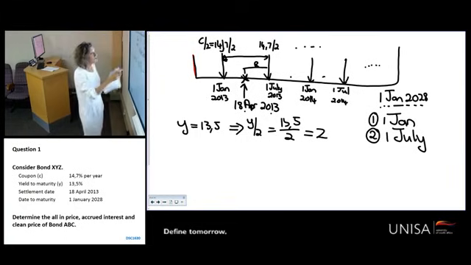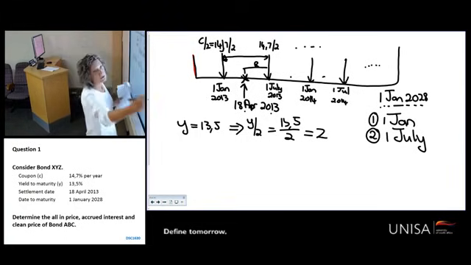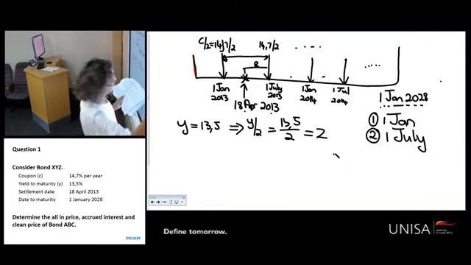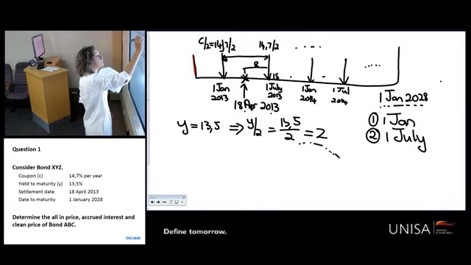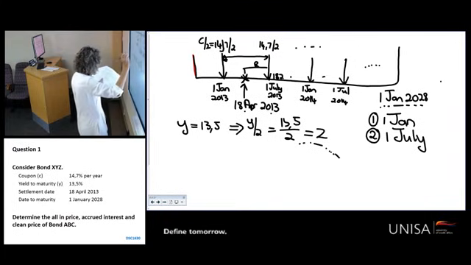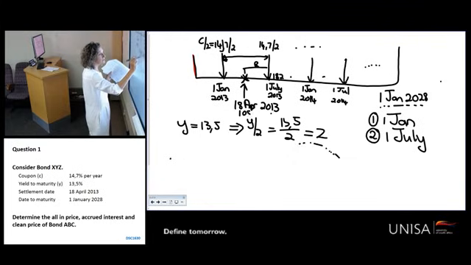The 1st of July, the date value is 182. Our 18th of April value is 108. And the 1st of January is 1, right?